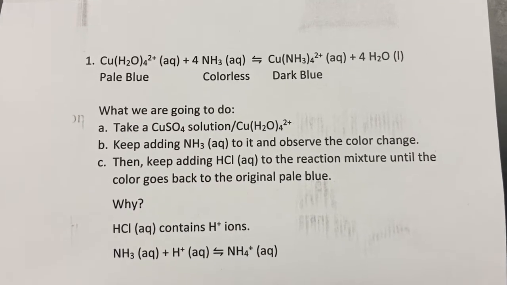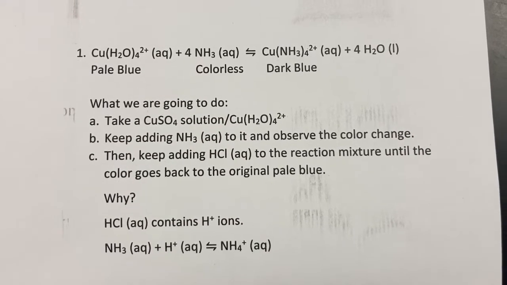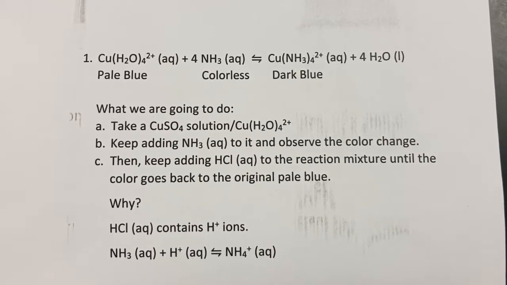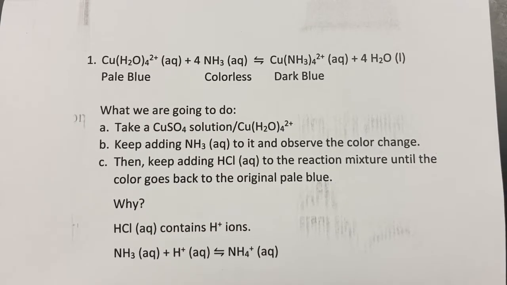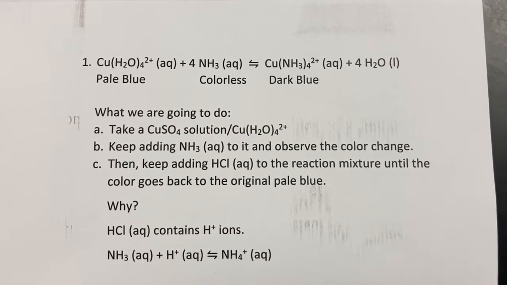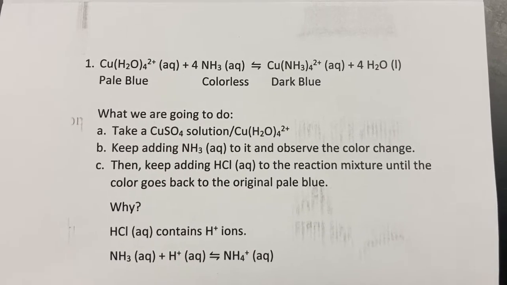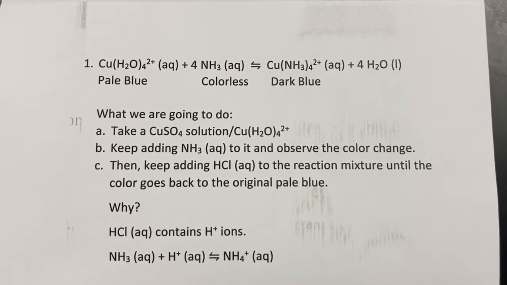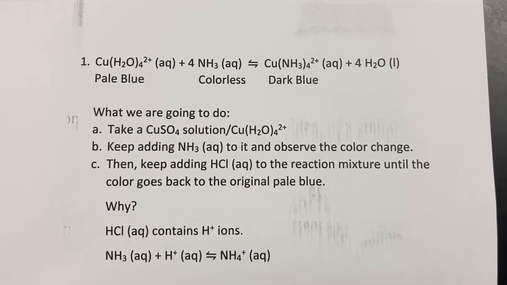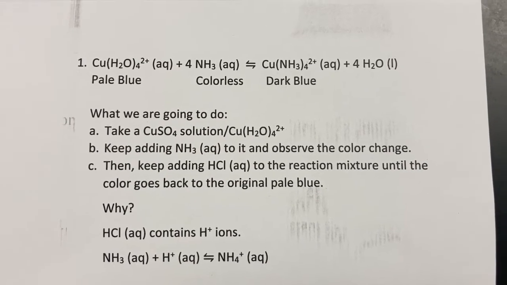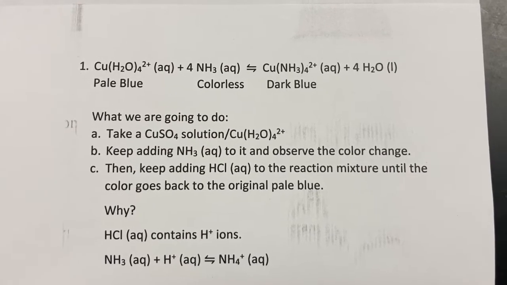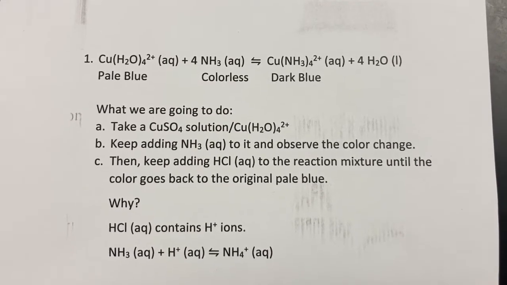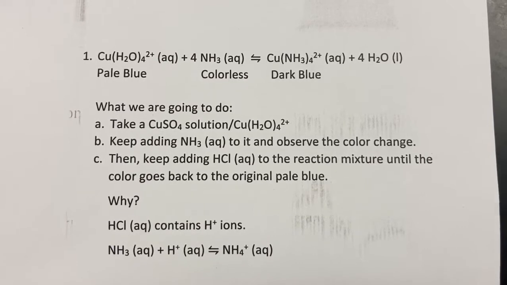contains hydrogen ion. Hydrogen ion can combine with ammonia in the water solution to produce ammonium ion, which means when you add HCl, you are taking one reactant in the above equilibrium, the ammonia, away from the original reaction system.